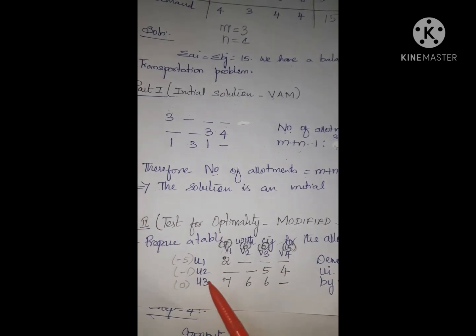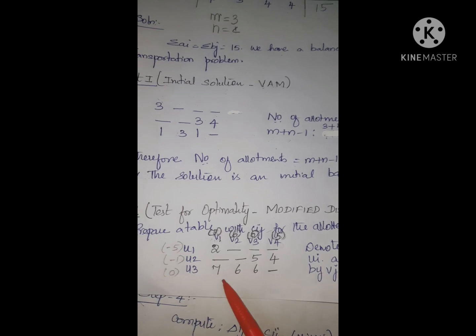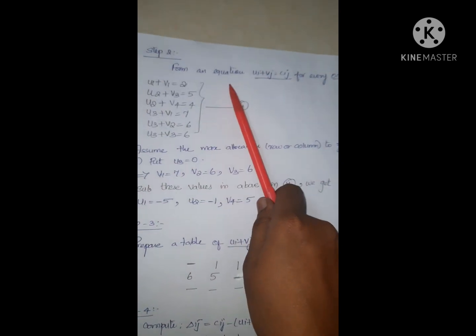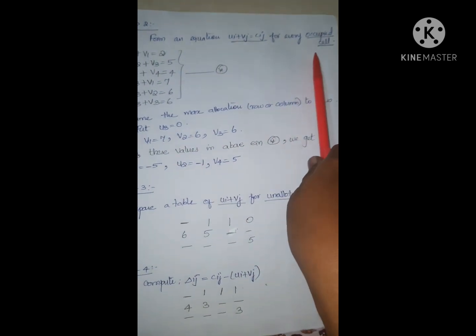Then u3 plus v1 equal to 7, u3 plus v2 equal to 6, u3 plus v3 equal to 6. So this is our step 2, forming an equation of the form ui plus vj equal to cij for every occupied cell.